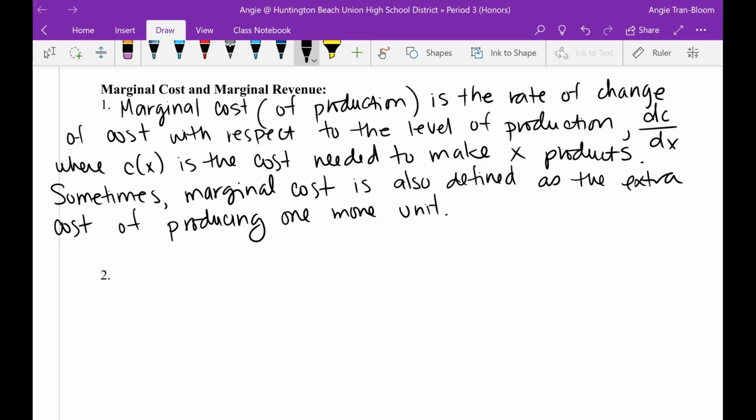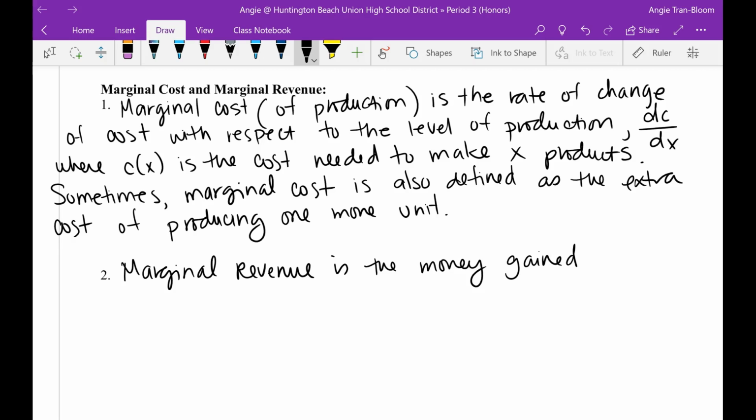So let's go on to marginal revenue. Well, marginal cost is the expense. Marginal revenue is when you take in money. So marginal revenue is the money gained by selling one more unit.